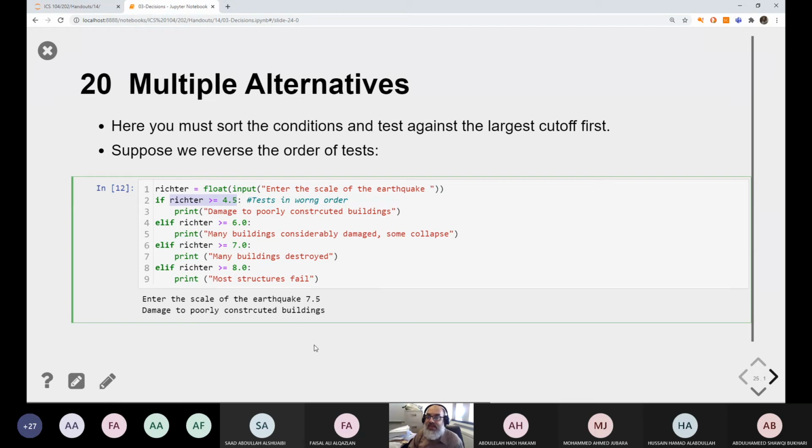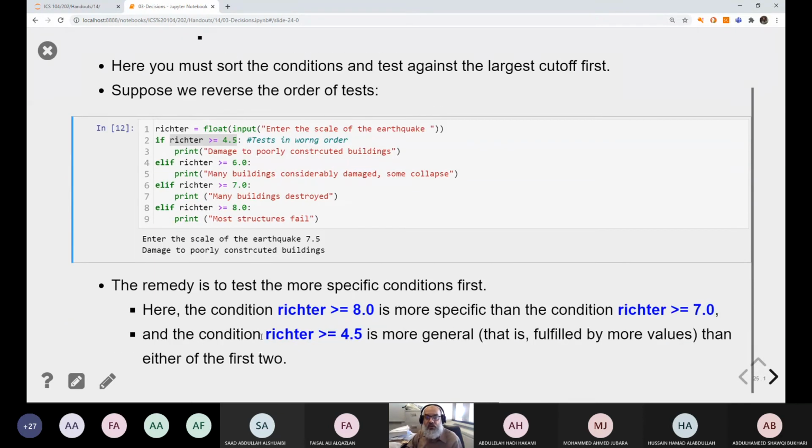That's why, when you write your conditions, the order of the conditions should be from the most specific to the most general, not from the most general. This one is the most general, Richter greater than or equal to 4.5. So the remedy is to test the more specific conditions first.